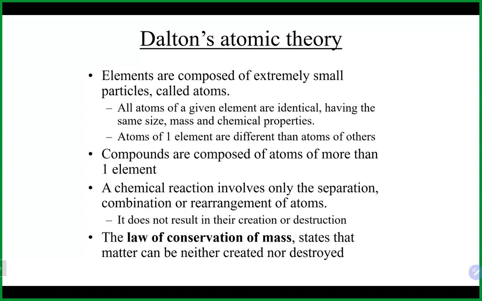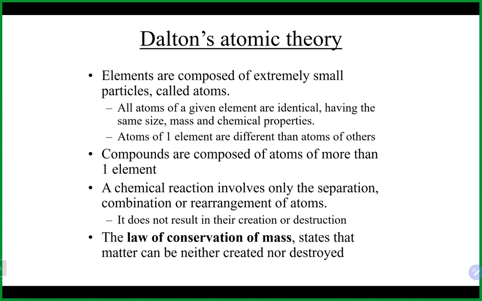He said that elements are composed of extremely small particles called atoms, and they're indestructible. He said that all atoms of a given element are identical, with the same size, the same mass, and chemical properties. And he said atoms of different elements are different from those.